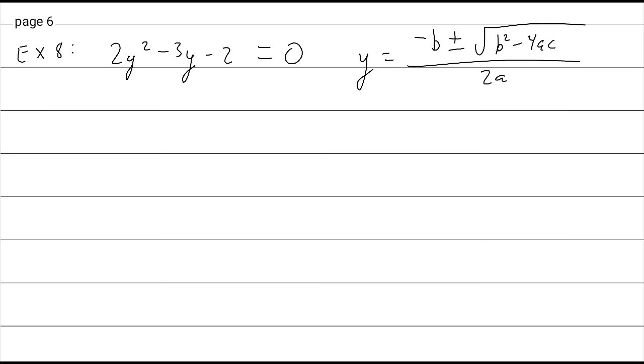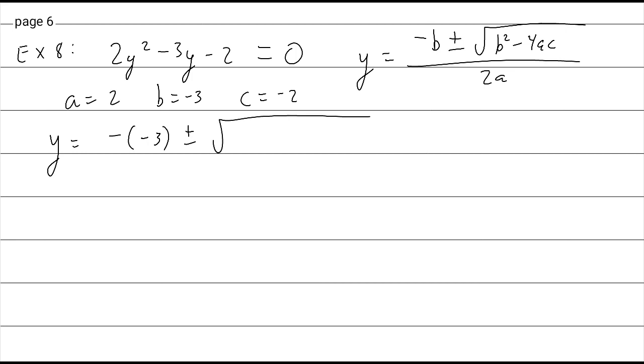Okay, a in this case is 2, b in this case is negative 3, and c is negative 2. So negative b plus or minus the square root of b squared minus 4ac over 2a.